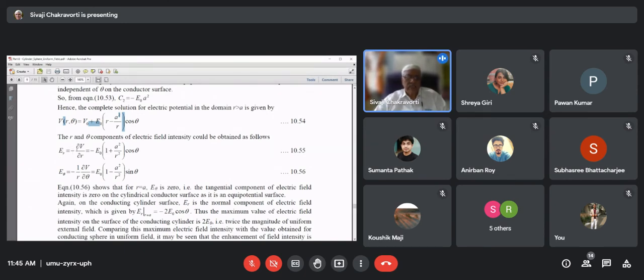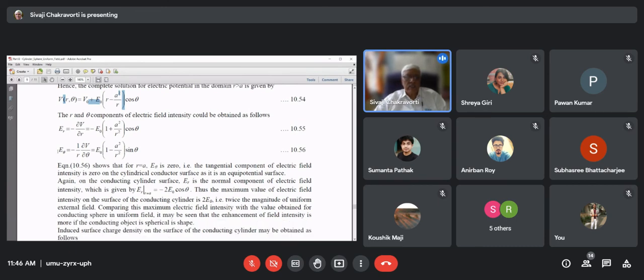So that means the tangential component is 0, which it has to be. Then what about the normal component? If you put r is equal to a, you see this is 2 E0 cos theta. That means the highest value of that is 2 E0. So just compare it with the spherical dust particle, where the normal component on the conducting surface was 3 E0. In this case, it is 2 E0.